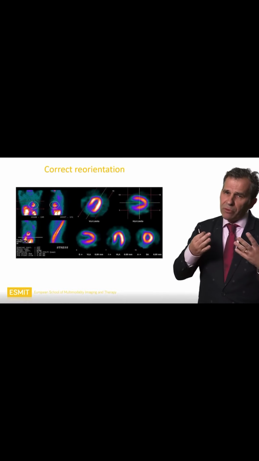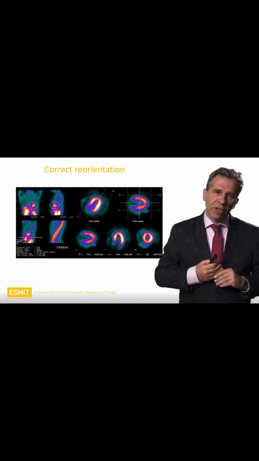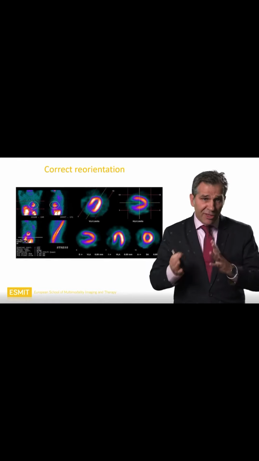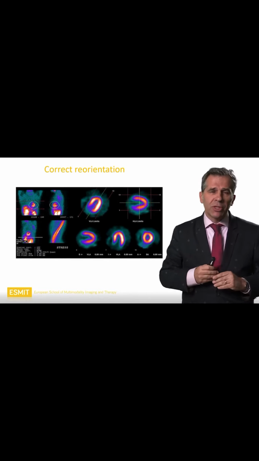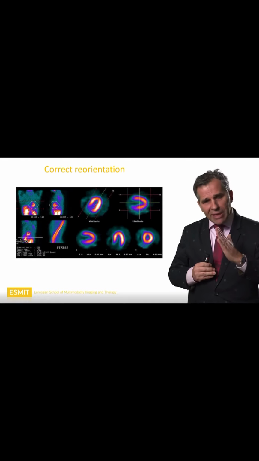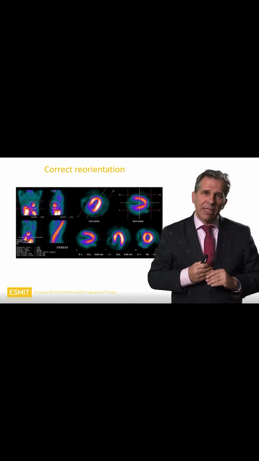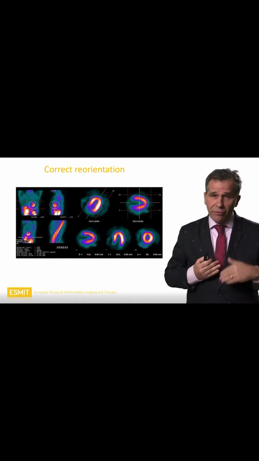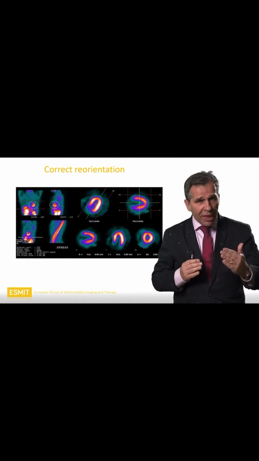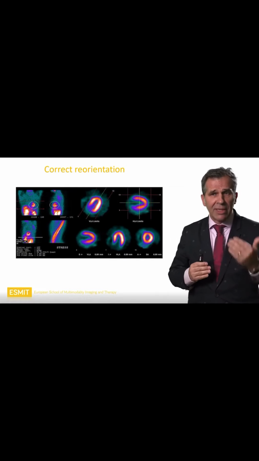For the correction of orientation, this is very important for the two conditions, stress and rest, because we have to start on the transaxial slice and make the good correction and the good reorientation for the stress and for the rest, and check each image for the stress and the rest.